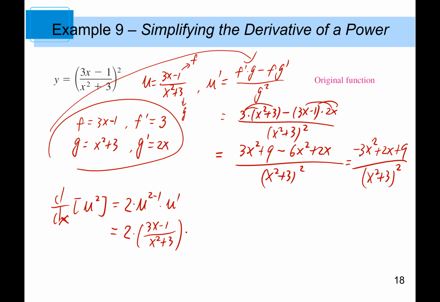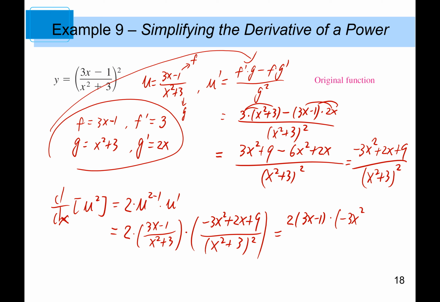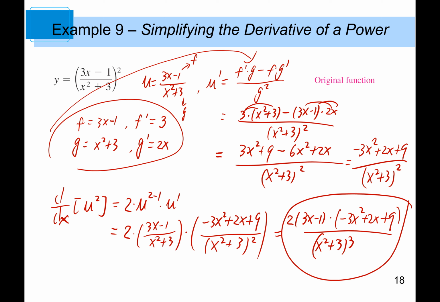U prime is negative 3x squared plus 2x plus 9 over x squared plus 3 squared. Okay, so if you simplify this, it's 3x minus 1 times negative 3x squared plus 2x plus 9, and the denominator becomes x squared plus 3 to the third. Okay, so that's the final simplified answer.